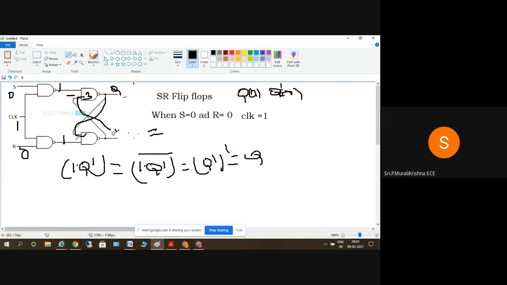And this one, 1 into Q, so the output of this NAND gate will be 1 into Q whole bar, which is equal to Q bar. So here we got Q bar and here we got Q, so there is no change in the state here. Those values are the previous values only. Yes or no?